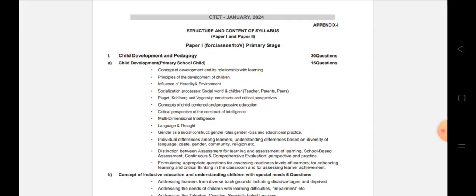As you know, your examination is on the 21st of January, and unfortunately only a few days are left. No problem if you are not able to crack it this time; try your best to crack it in the next session.